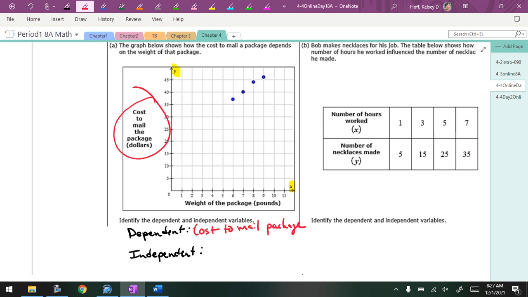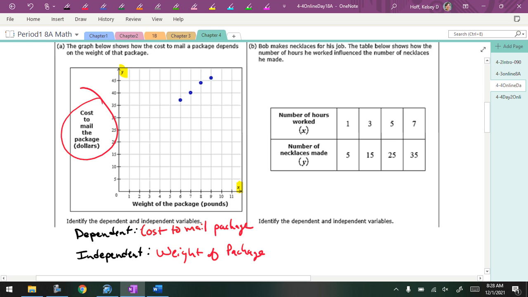The independent is, very good, the x or the domain, the weight of the package. So on a graph, you're taking the labels off your axes. X-axis independent, y-axis dependent. Now we're going to talk about in a table.